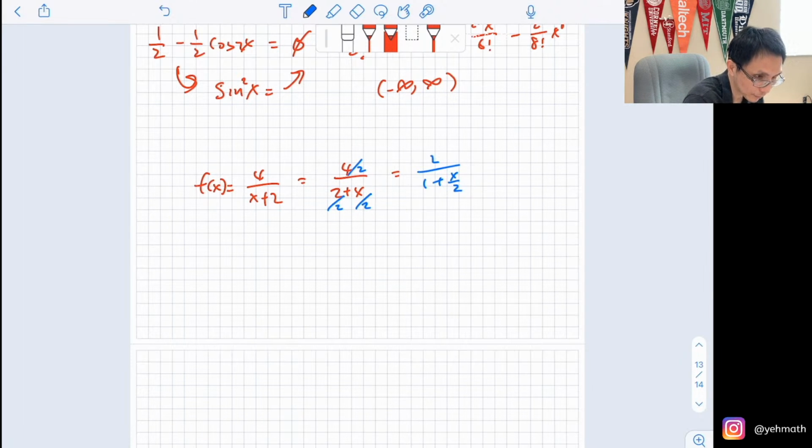And remember that this one is supposed to be negative. So what do you think my common ratio is? r equal to negative x over 2. Yes. So it should be like 2 over 1 plus negative x over 2. Does that make sense? So the common ratio is negative x over 2.